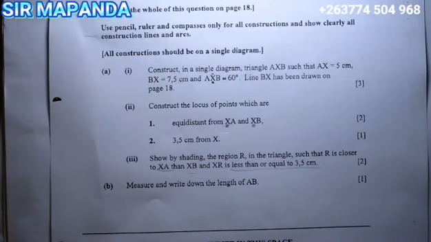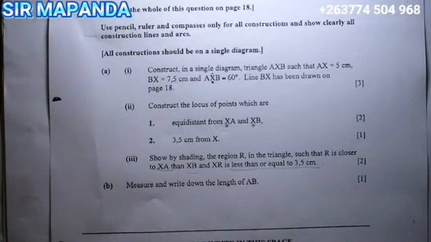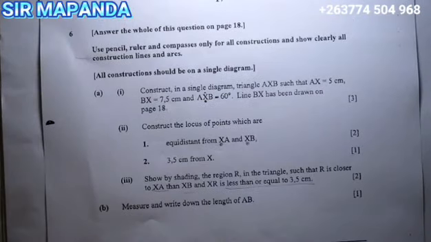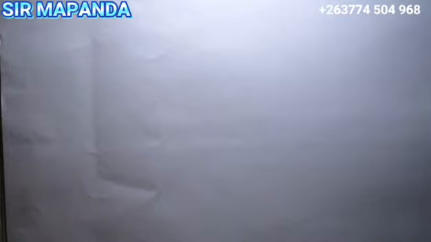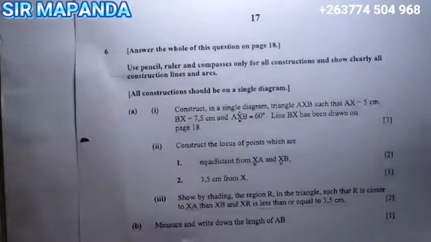Right. We are now moving on to the last segment of this lesson, where we are going to concentrate on geometrical construction. Answer the whole of this question on page 18. I do not have page 18 here, so I'm going to make use of this plain paper to do my solution.